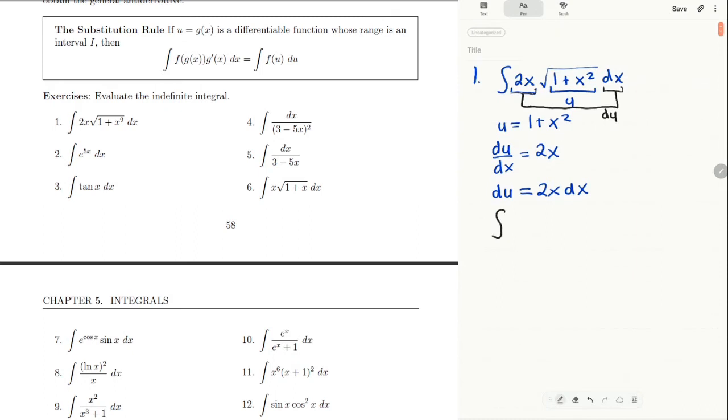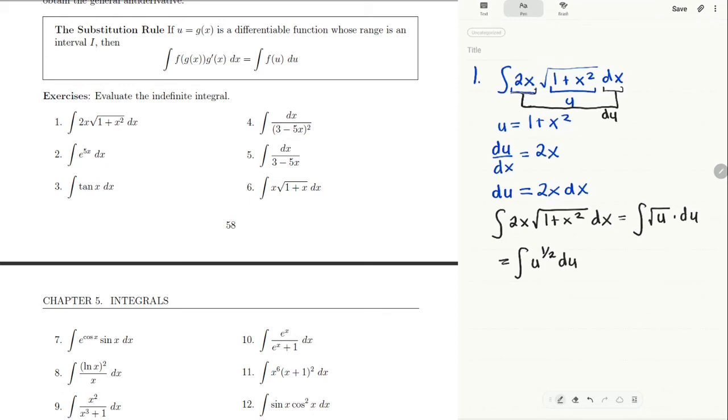And so now the integral of 2x times the root of 1 plus x squared dx is equal to the integral of the square root of u times du. Let's rewrite the square root as an exponent. So now this is u to the 1/2 du.